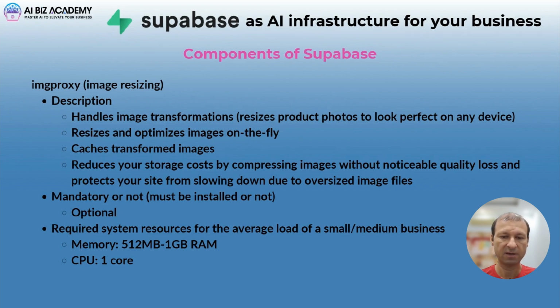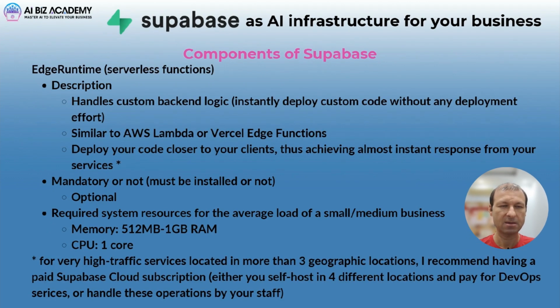And of course, having your application rendering images with smaller sizes will boost your application speed and overall performance. This is optional, but like I said, if your application handles a lot of images, I recommend turning this on. As system resources, you can expect this component to take between half and 1 gigabyte of RAM and 1 CPU core.